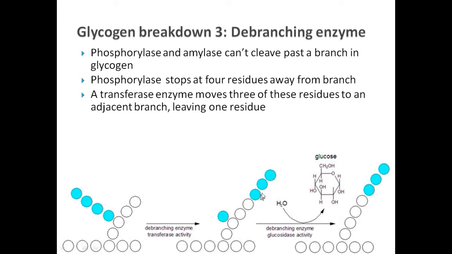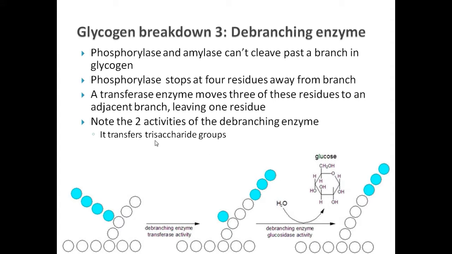And all of these will now be alpha 1,4 bonds, which will allow the phosphorylase to work again. So in other words, there are 2 activities for the debranching enzyme. It transfers a trisaccharide group, and it also then cleaves away that remaining single glucose from the chain.